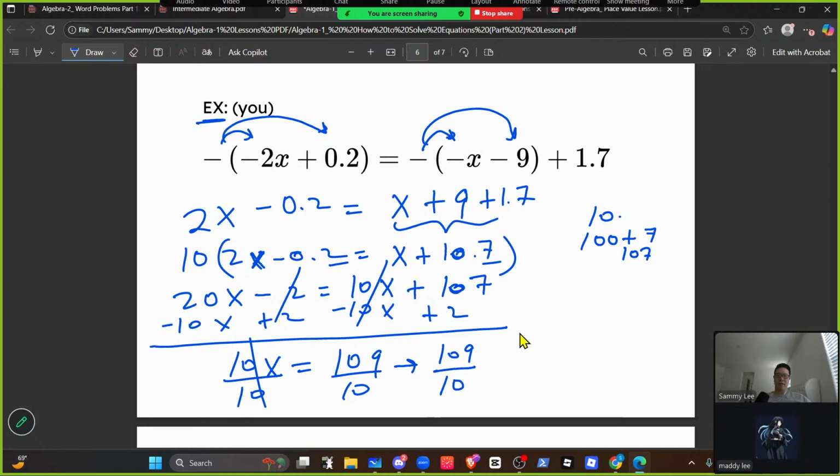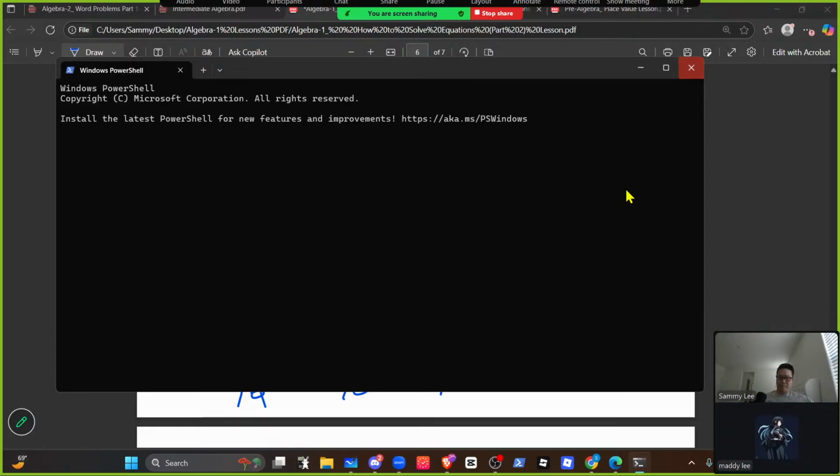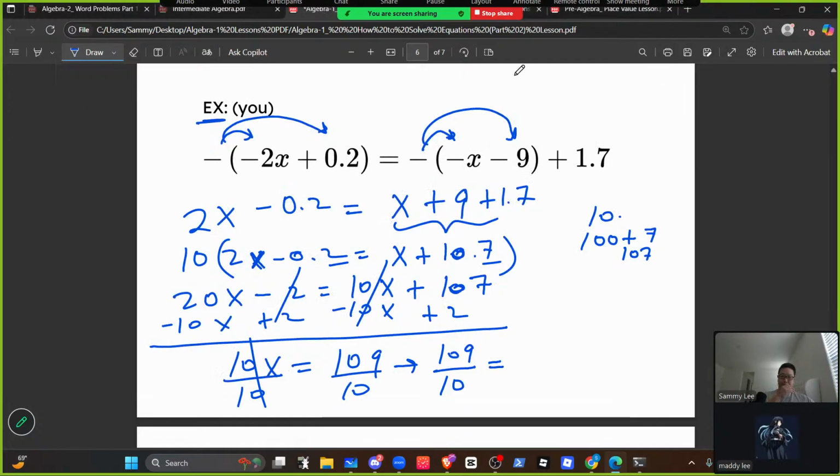I don't think they have any common factors, but we want it in decimal form. So 10.9. All we have to do is move the decimal place one spot to the left. Okay, good job.